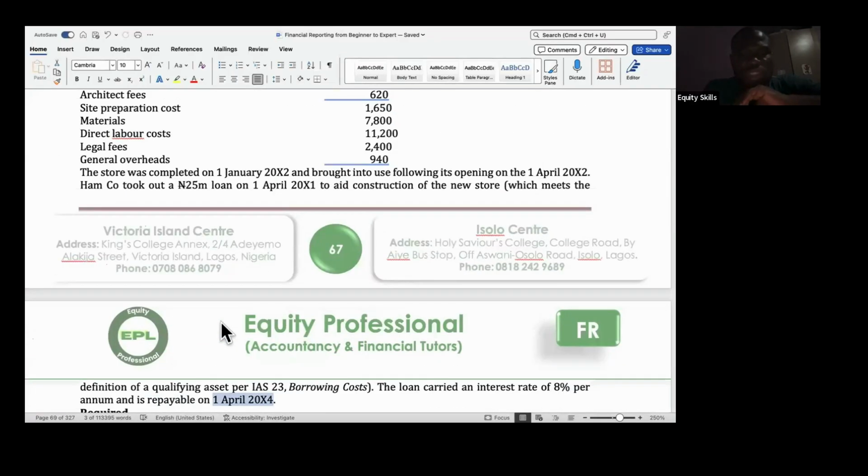I told you that when we borrow money to construct an asset, the interest we pay during the construction period will be capitalized, right? And we're going to capitalize that interest only during the period of construction, meaning after construction is complete, whatever interest we are still paying will be expensed. It's only the interest we pay during the period of construction that we're going to capitalize, okay?